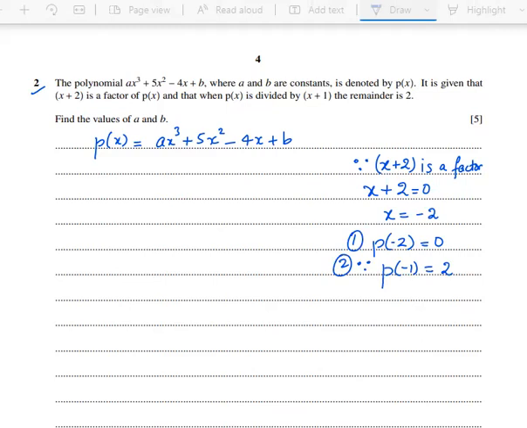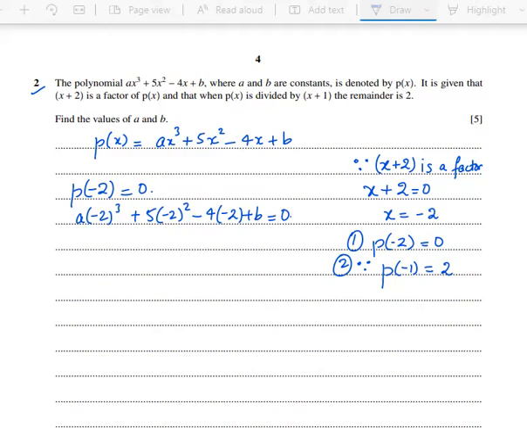So now we can write here p of minus 2 should be equal to 0. So what is p of minus 2? Just plug in minus 2 over here: a into minus 2 cube, plus 5 into minus 2 square, minus 4 into minus 2, plus b equals to 0.